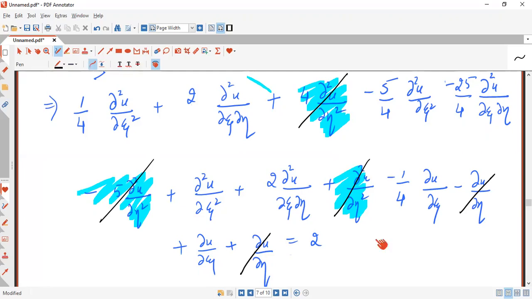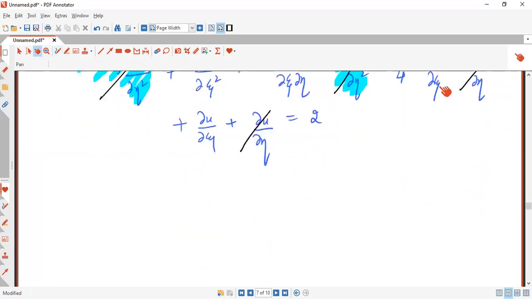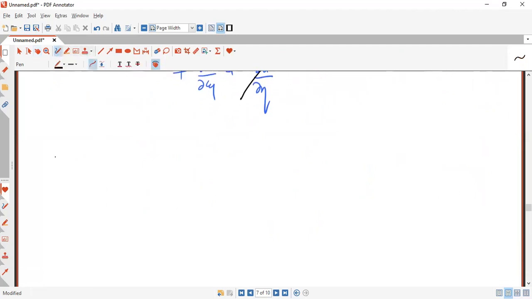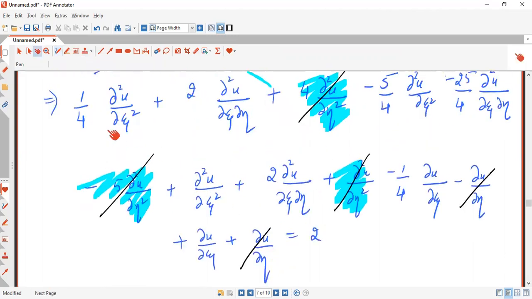So what will happen? Collect the values of u z, u eta, and u. Right? For del square u by del z square minus 5/4.